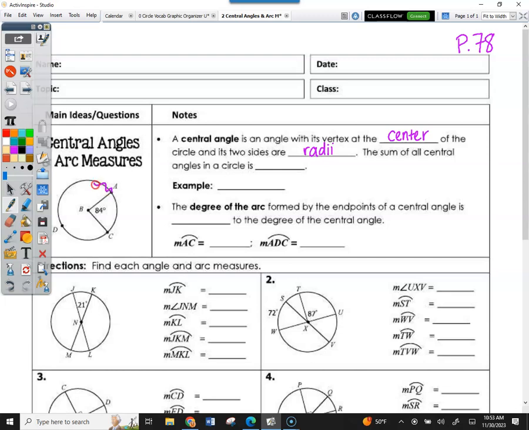From A all the way around back to A measures 360. So, from here all the way around back to here also measures 360. I need you to know that the sum of all central angles in a circle is 360 degrees.